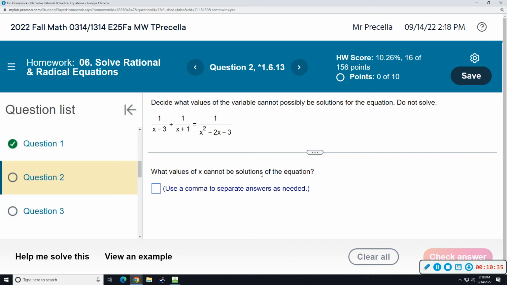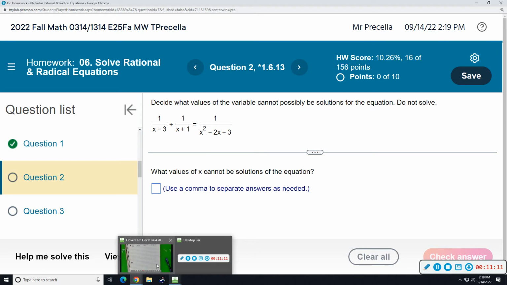Let me write it down: 1 over x plus 3, plus the fraction 1 over x plus 1, equals 1 over x squared minus 2x minus 3. Once again, they're not asking us to solve this equation. They're just asking us to figure out what numbers cannot possibly be solutions.